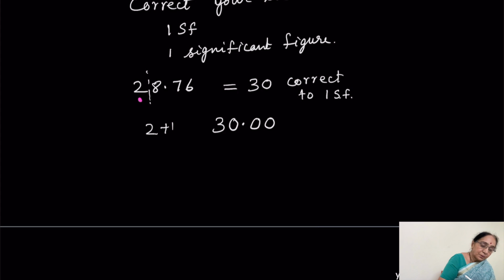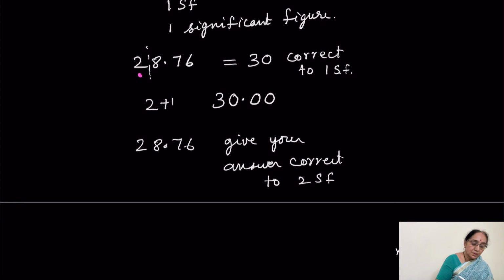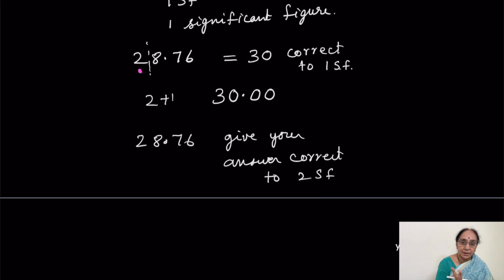Now, how to write 28.76 correct to 2 significant figures? I need to have 2 digits which are different from 0, and the rest of them should be 0.